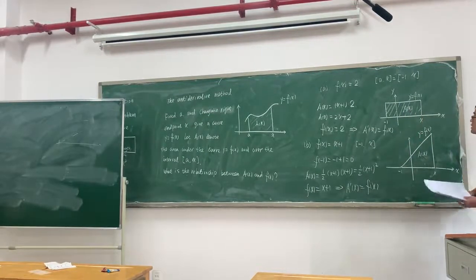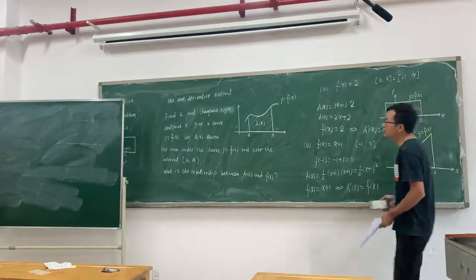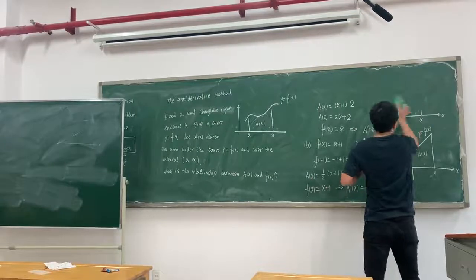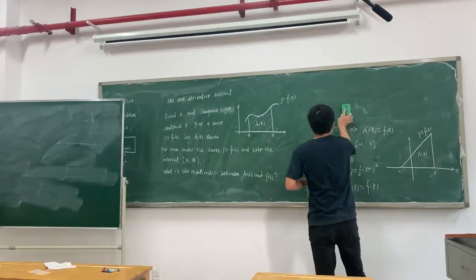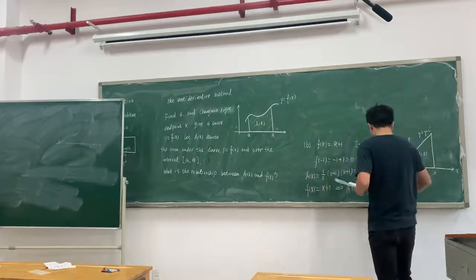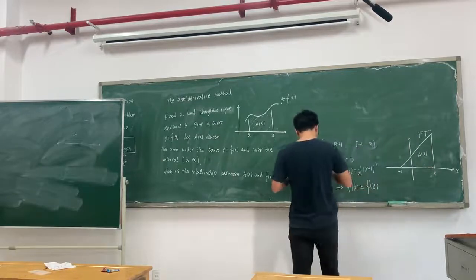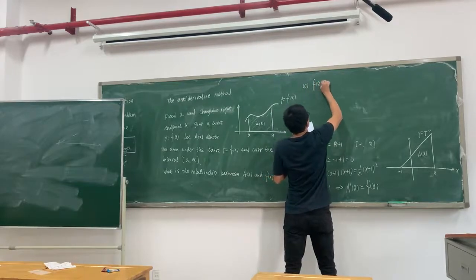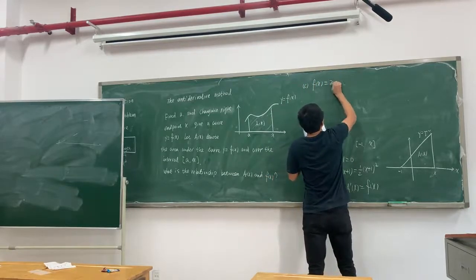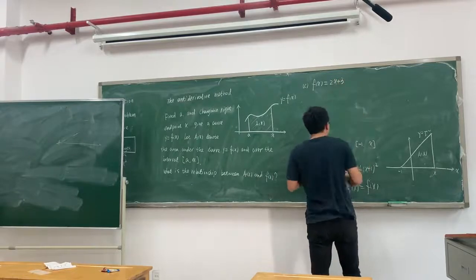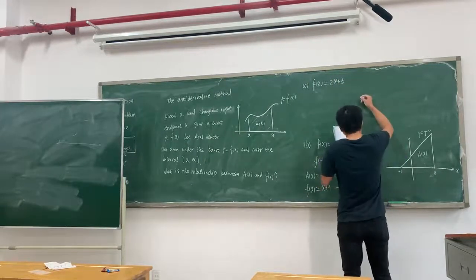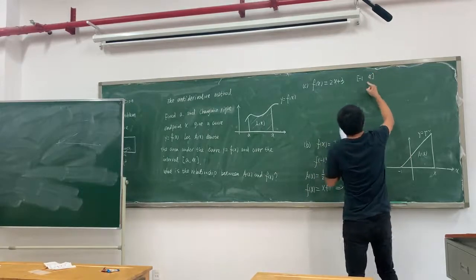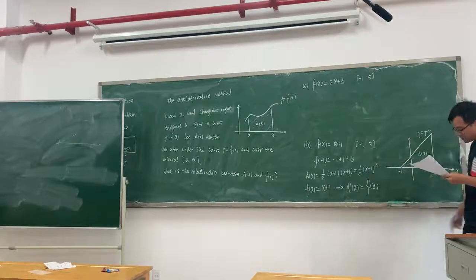So the third example is f(x) equal to 2x plus 3, and the closed interval is minus 1 to x.